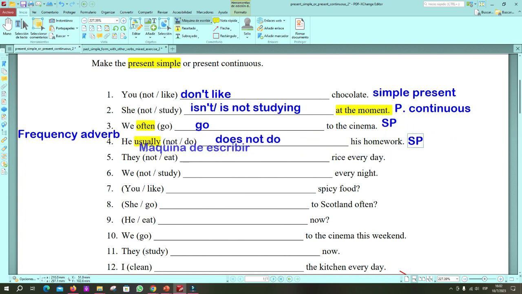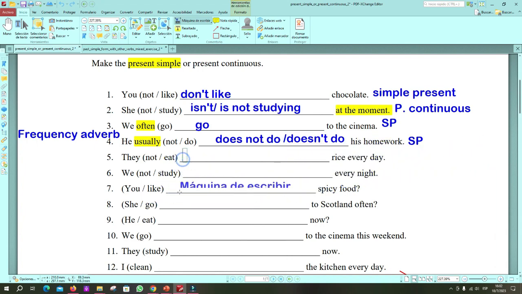So, he usually, that is a frequency adverb, that is simple present, does not do, or you can say doesn't do. So he usually does not do or doesn't do his homework, okay?